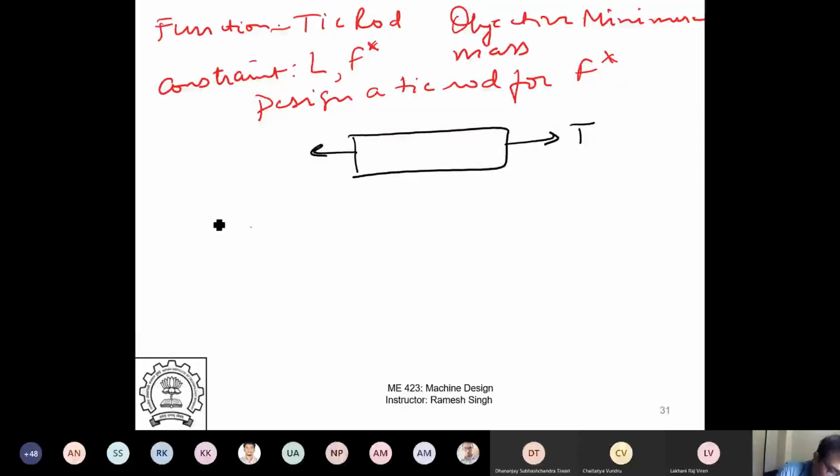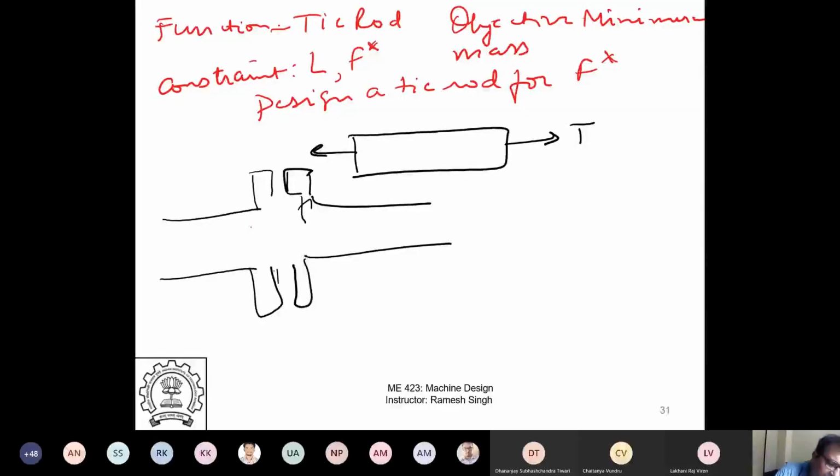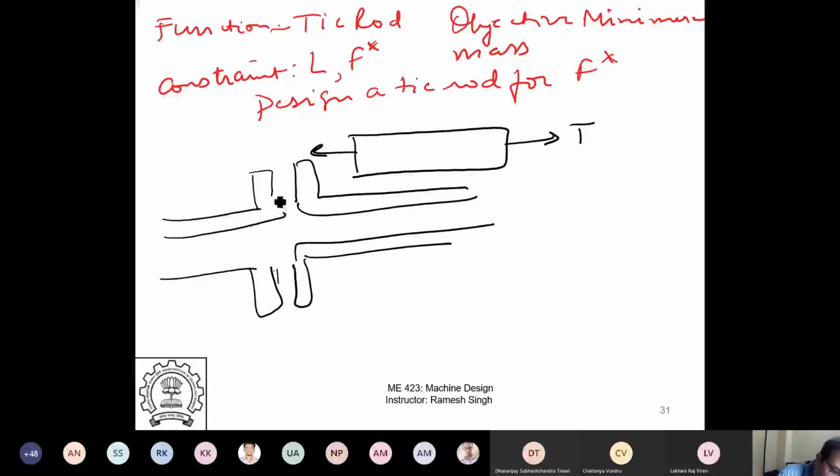If there are two flanges, everybody knows what a flange is, right?